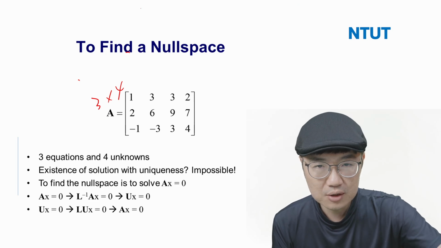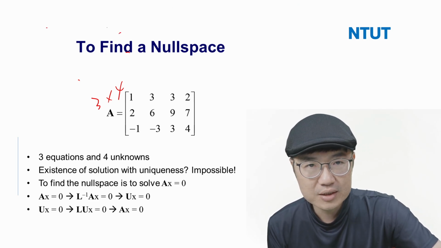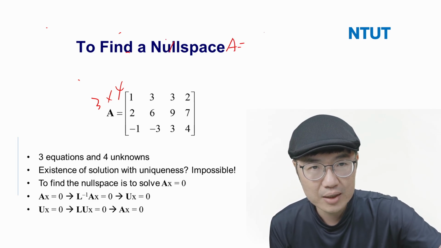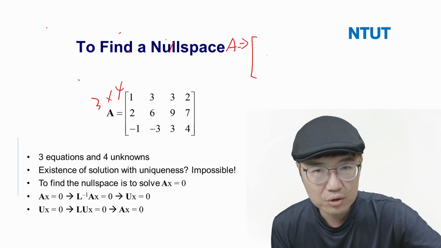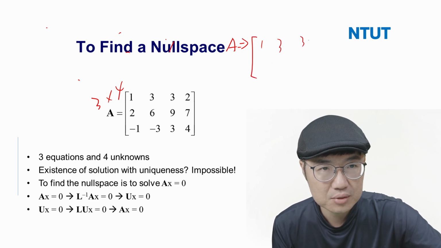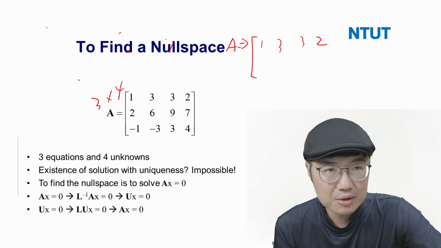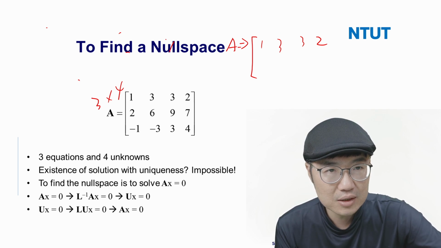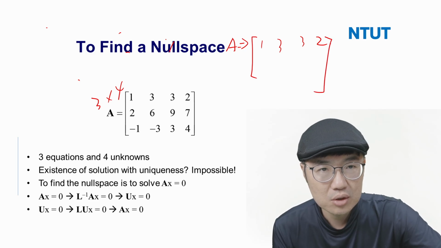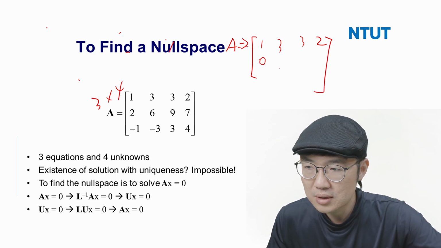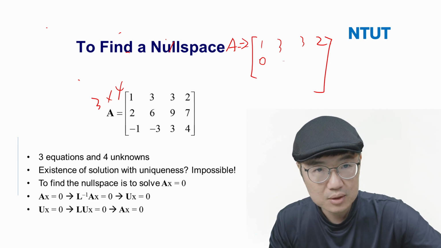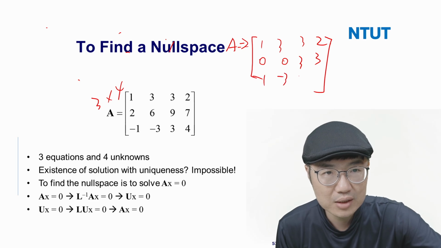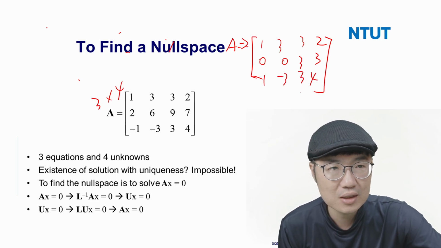Okay, so for this A, the standard Gaussian elimination approach starts by locating a first row, and when we multiply the first row by -2 and add it to the second row, we get 0, 0, 3, 3, with -1, -3, 3, 4 here.